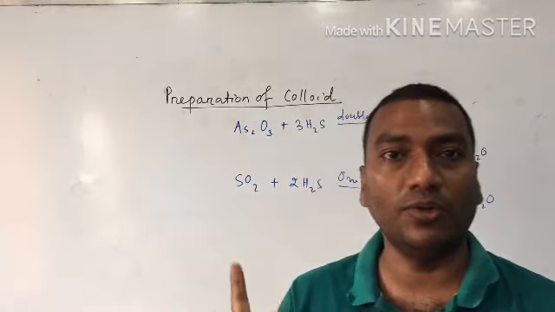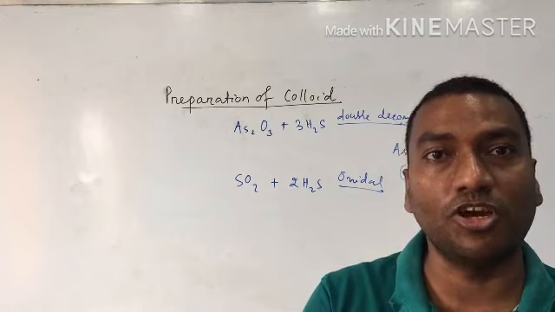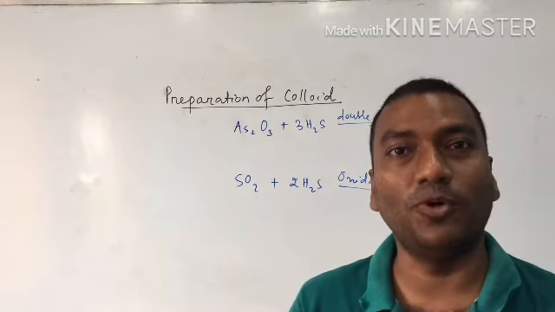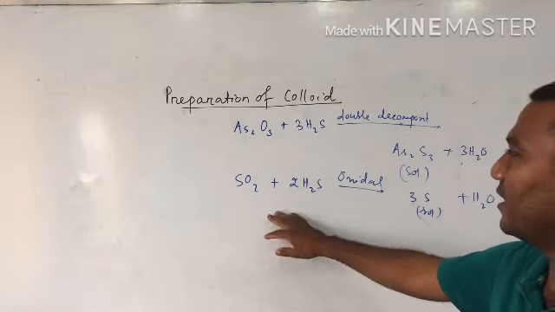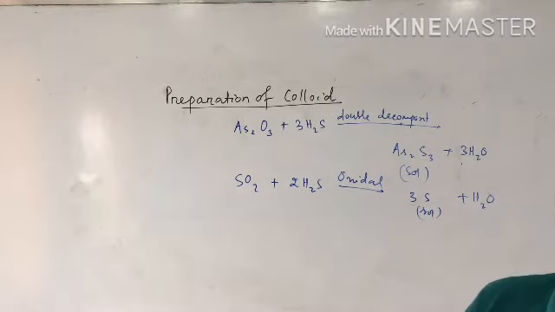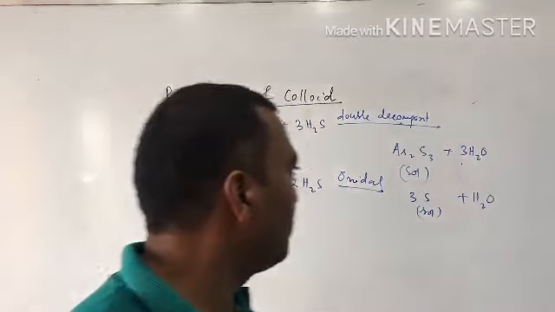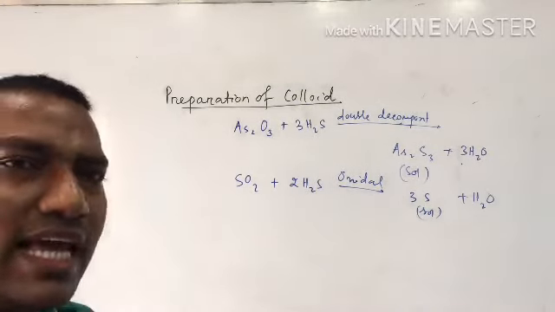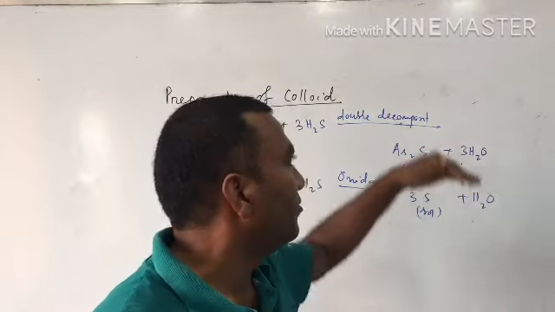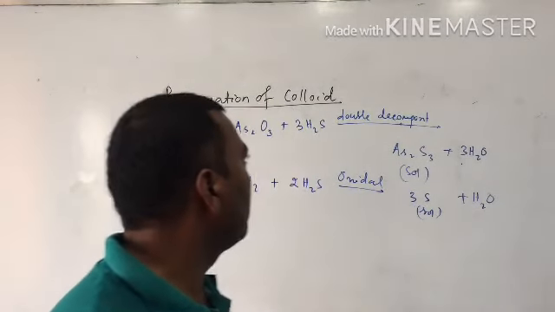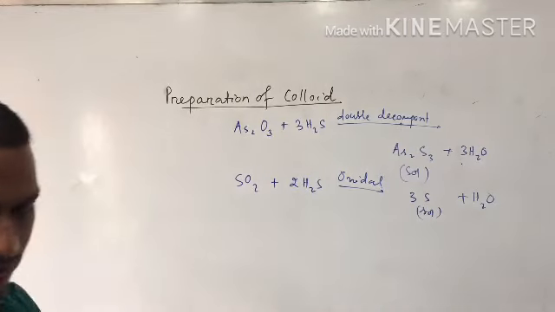In the very beginning I told you sulfur cannot dissolve in water, so it is lyophobic. But in the chemical method, when sulfur dioxide and H2S gas react, they form sulfur sol. Like this, by chemical method we can prepare colloidal solution.